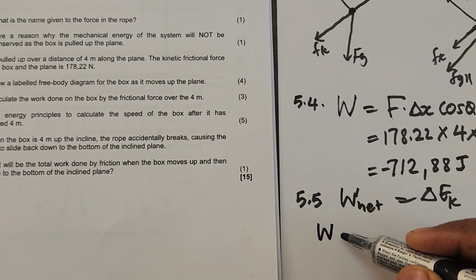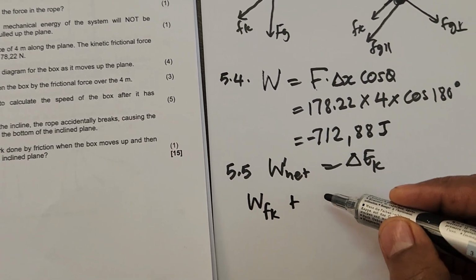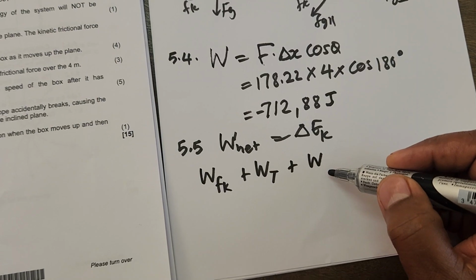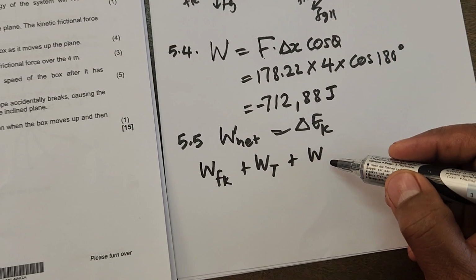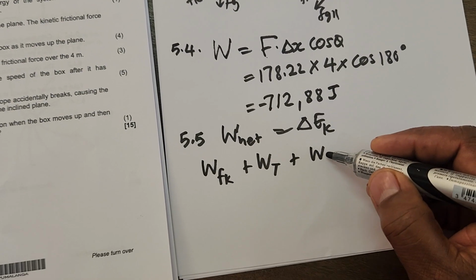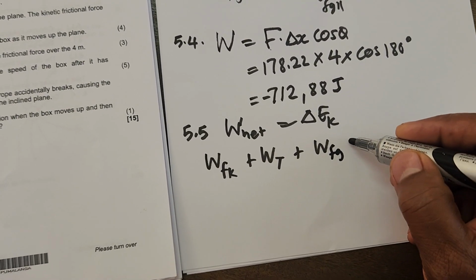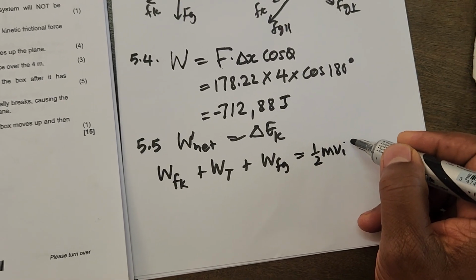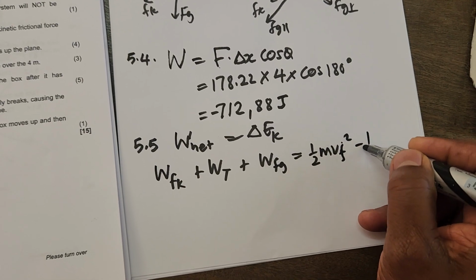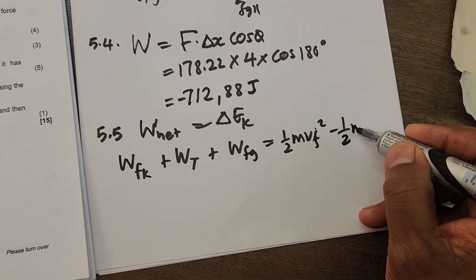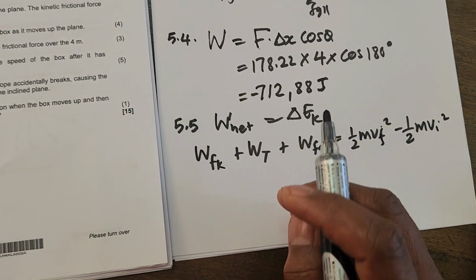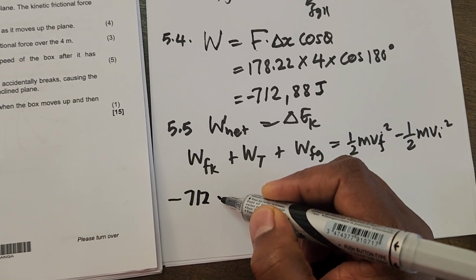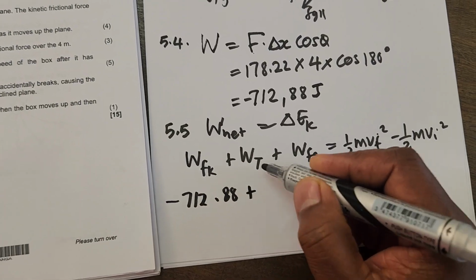There's the work done by friction, which we just calculated, the work done by the tension, plus the work done by the gravitational force. The net work equals half mvf squared minus half mvi squared. The work done by friction we just calculated is minus 712.88, plus the work done by tension.